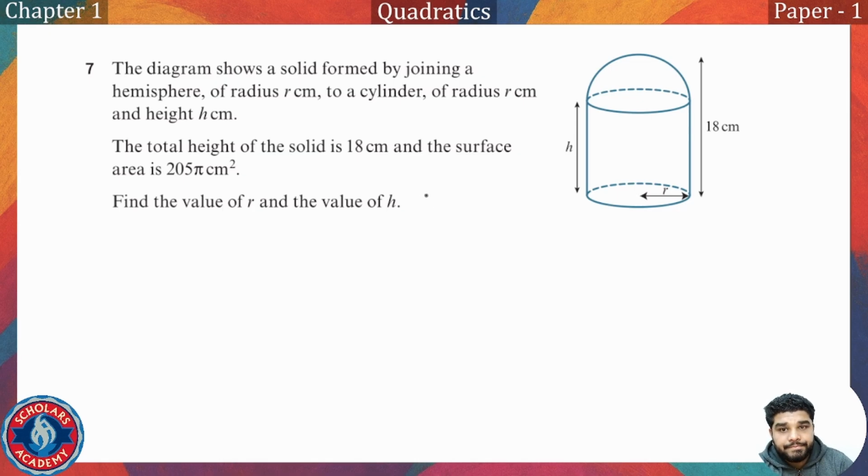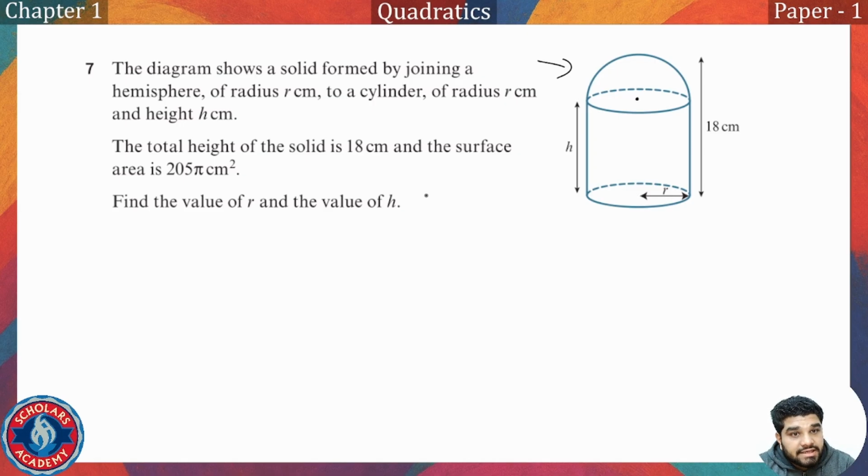Let's move forward. Now this question says the diagram shows a solid formed by joining a hemisphere of radius r centimeters to a cylinder of radius r centimeters and height h centimeters. All right. So we are given the total height as 18.